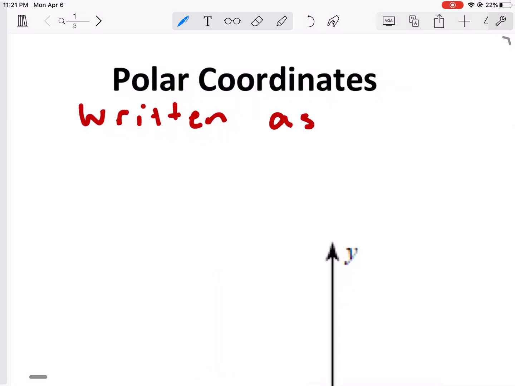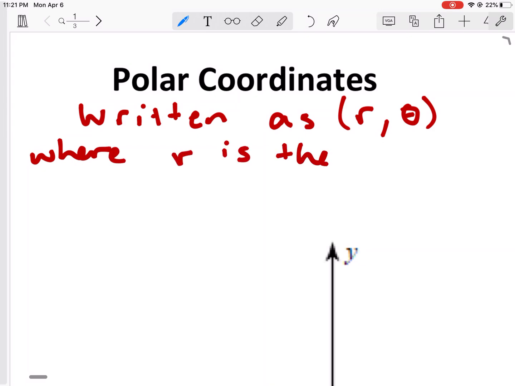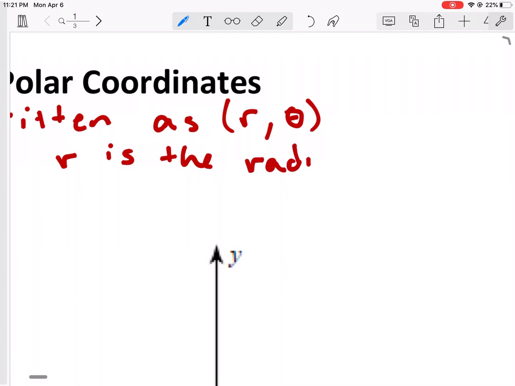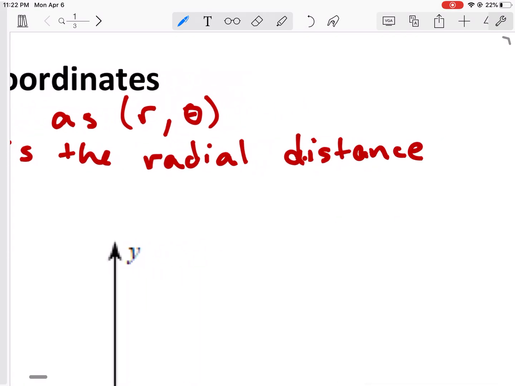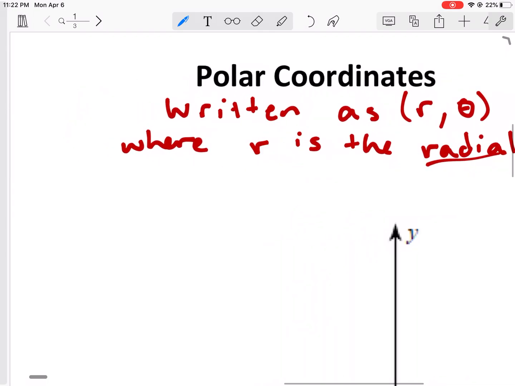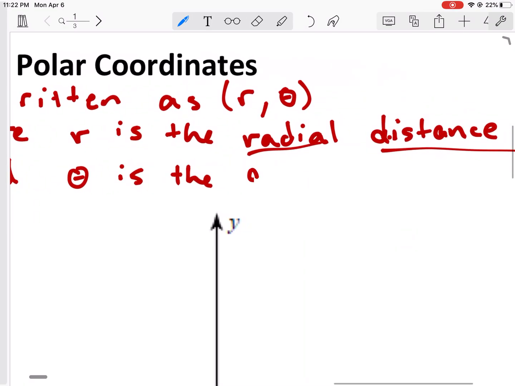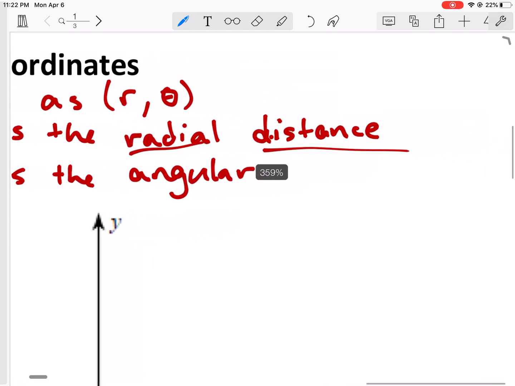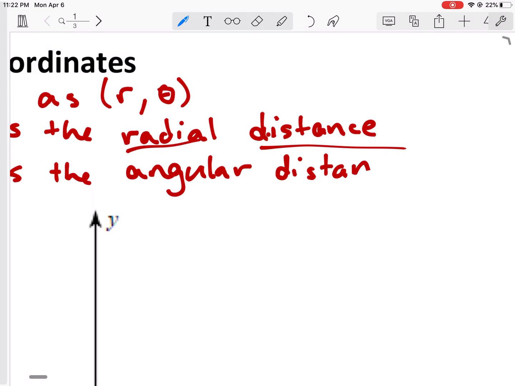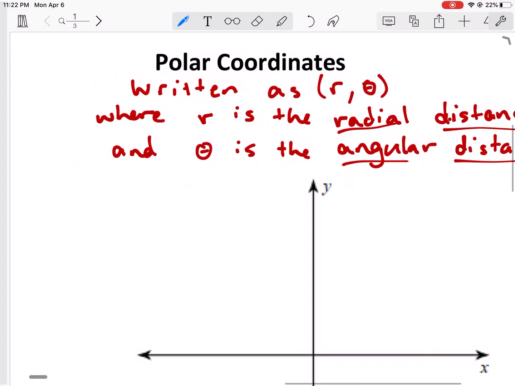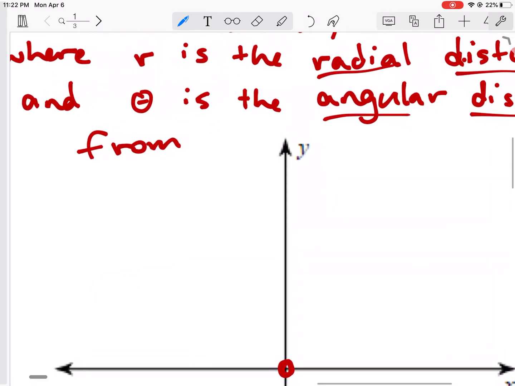So written as r, comma, theta, where r is what we call the radial distance, and theta is the angular distance from technically a pole, but in our case, the pole that we're looking at is going to be the origin. So we'll say from the origin.